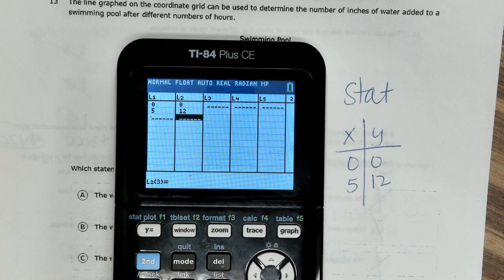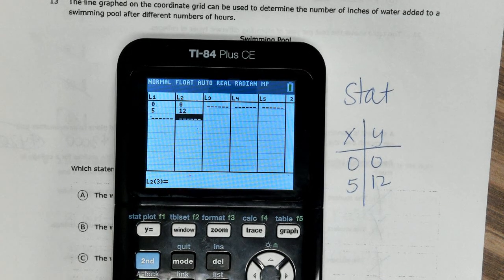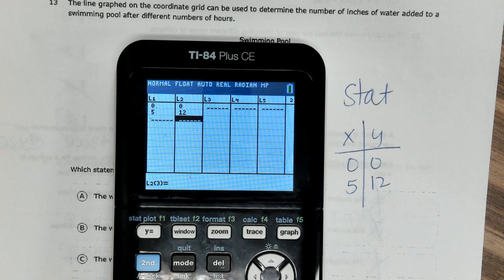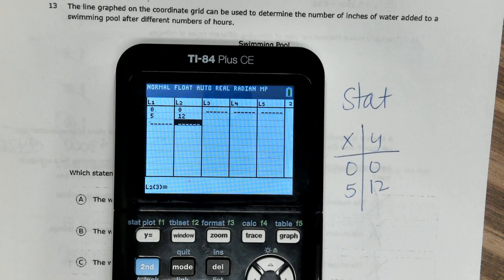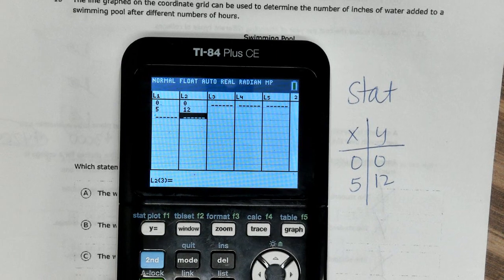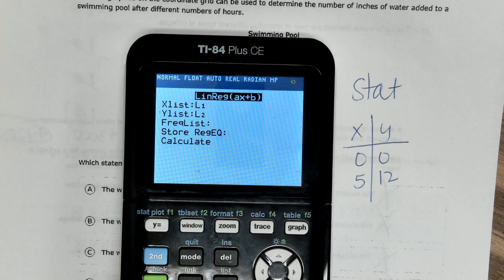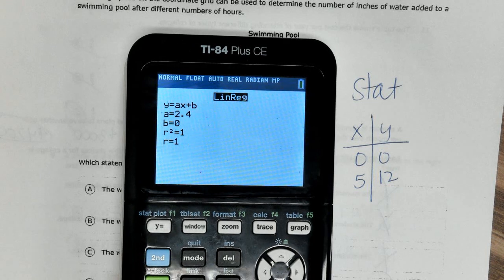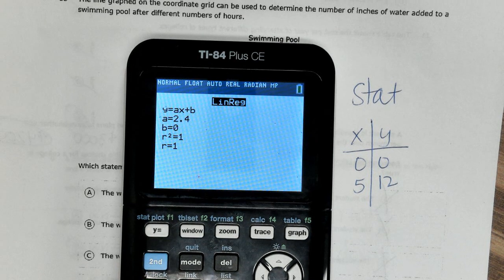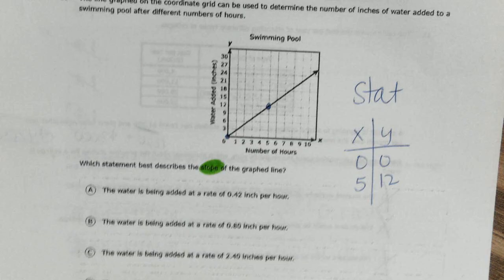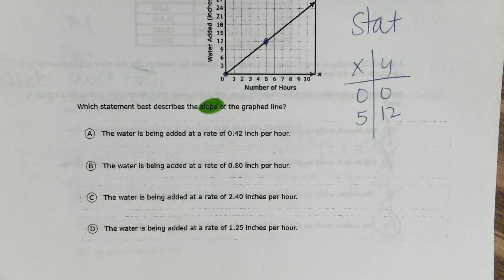We should be in stat. Now stat calc, option 4. What is the slope? 2.4. Do you see that as an answer? Yes.